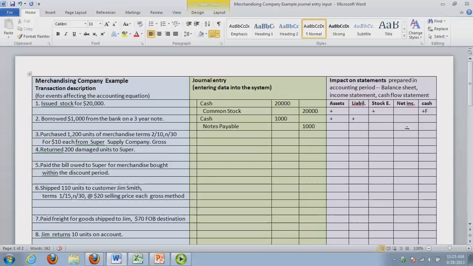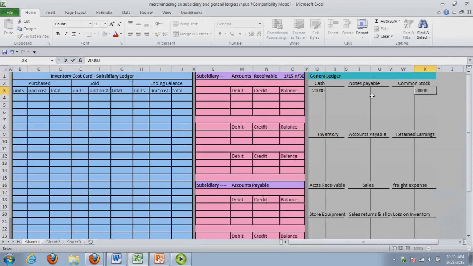And eventually we'll pay interest on the loan, and it will affect net income because it would be an expense. And then finally we have cash flow. So cash does go up. And it's another way of financing the business. Okay, we'll go over here to the general ledger. See if I can keep this going. So we add to cash, and we add to notes payable. See if I can keep the debits and credits straight.